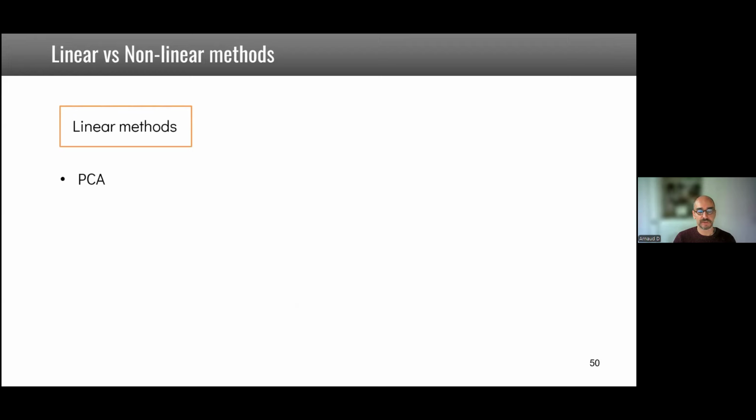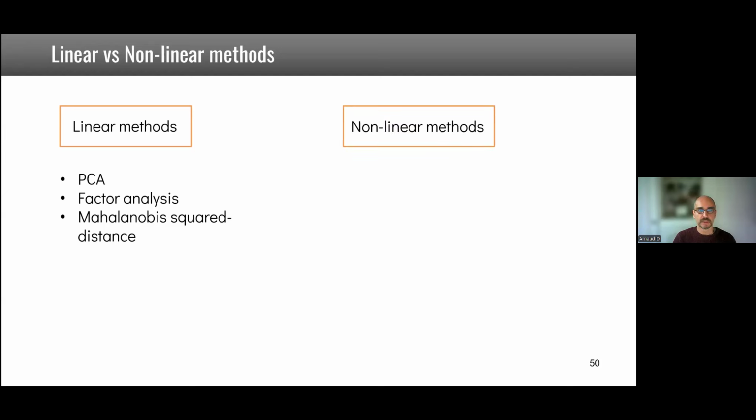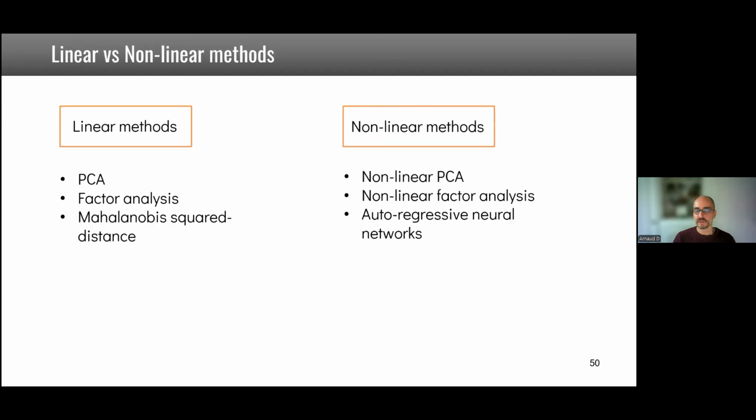In linear methods, as I showed you, you can use principal component analysis, factor analysis, or something based on the Mahalanobis squared distance, and to me they all boil down to the same type of approach. In nonlinear methods, you have the nonlinear counterparts. I've never done that, but other authors have worked on nonlinear PCA and nonlinear factor analysis. Autoregressive neural networks are another way to do this kind of analysis.